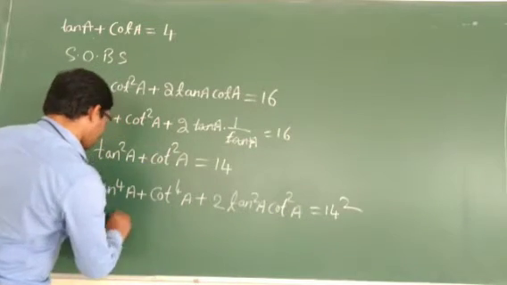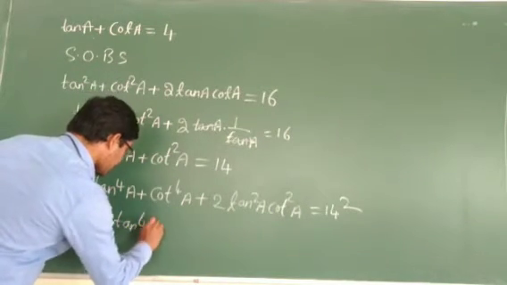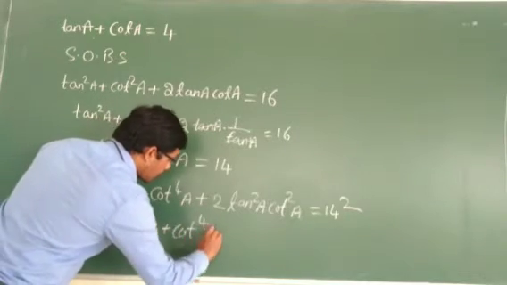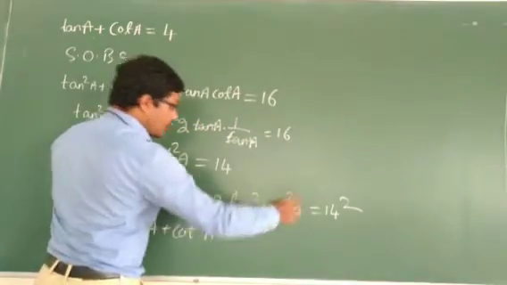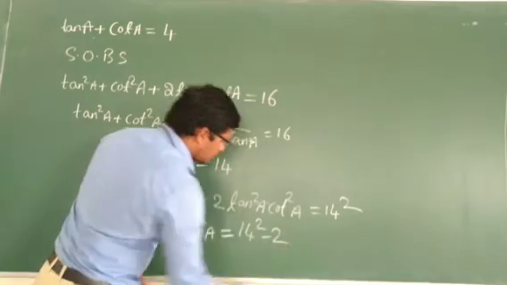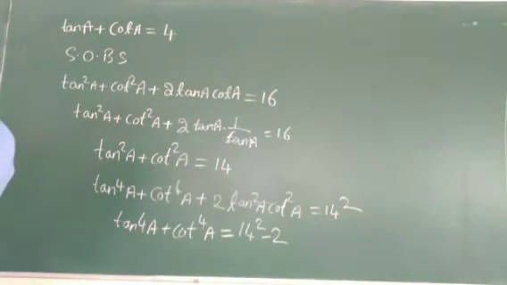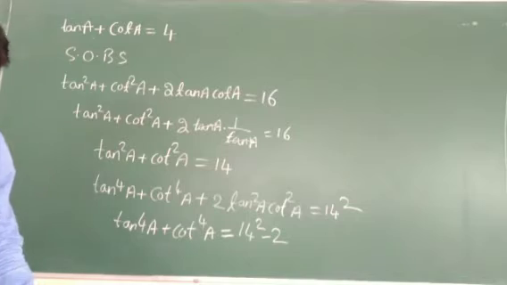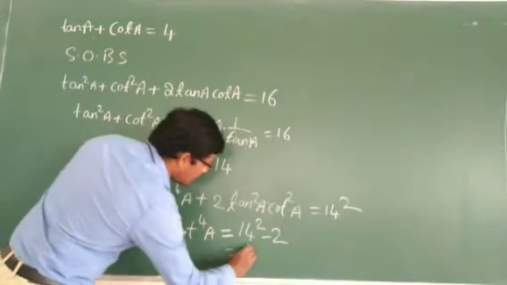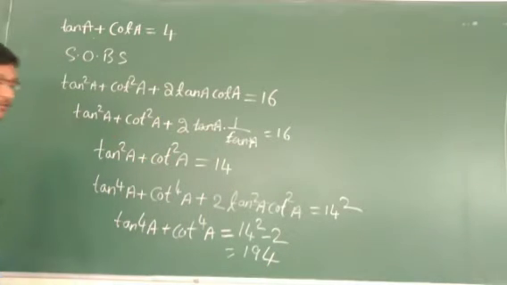Again the product cancels since these are reciprocals, so tan power 4A plus cot power 4A equals 14 square minus 2, that is 196 minus 2, equal to 194. So you get option D, 194.